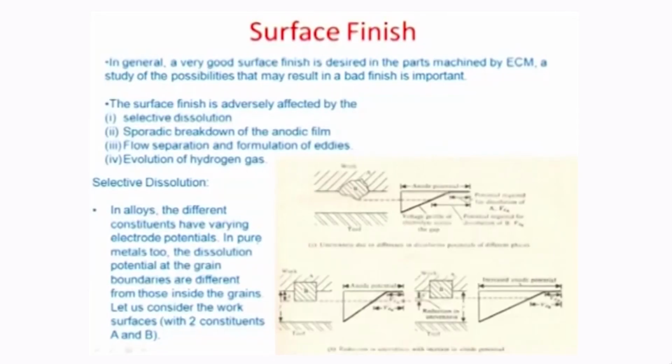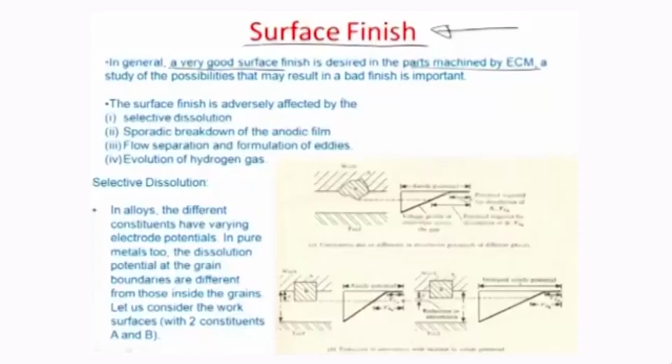The other aspect which is important in an ECM process is the surface finish, and in general ECM does produce a reasonably good surface finish. We have seen that the process of ECM really is a sort of self-leveling process, where eventually the vias and the hills are all leveled to a certain mean roughness or average roughness of the surface.